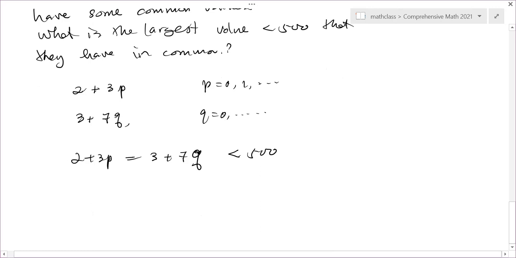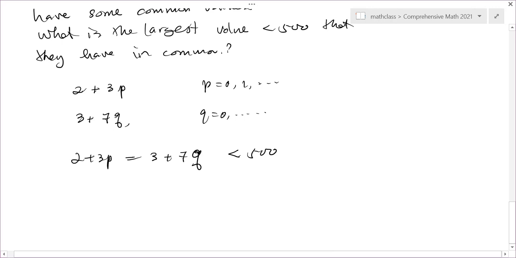It's harder to determine the values of p and q at this moment because of divisibility. 7q minus 2 should be divisible by 3, something like that. It's not easy to check.